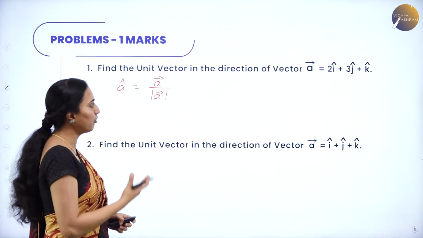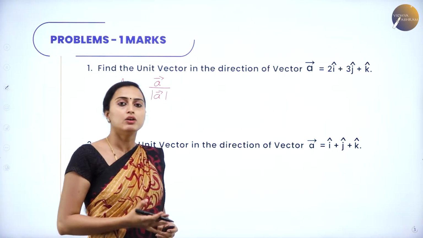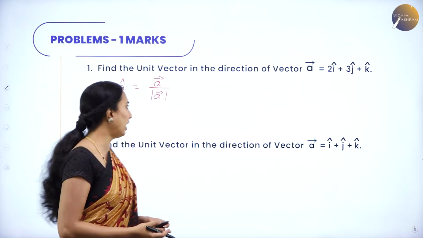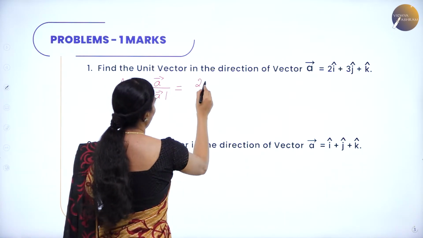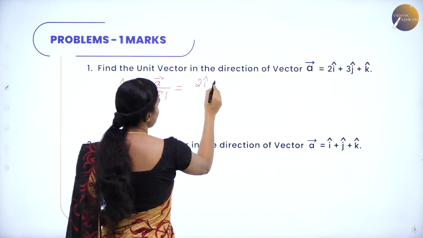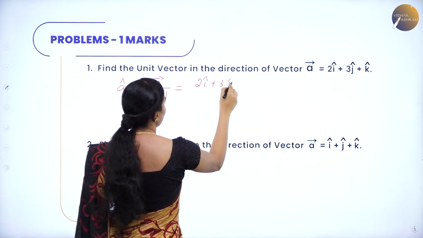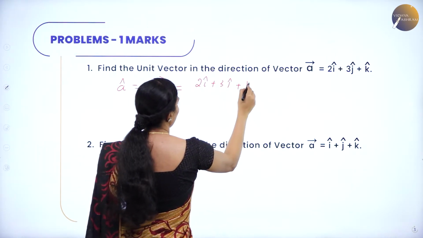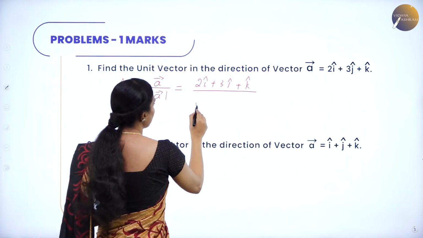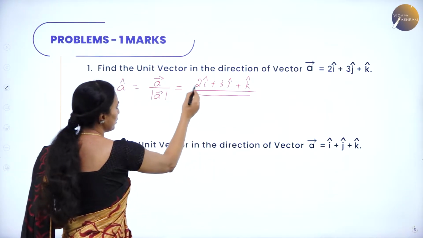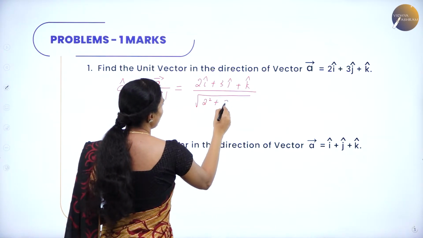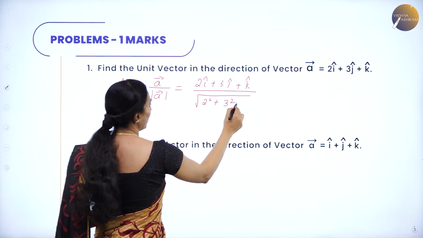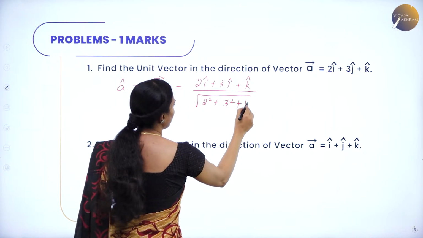Since you are having it in the form of xi plus yj plus zk, you can have a vector as it is, you are going to write it as 2i plus 3j plus k cap, divided by magnitude, which is nothing but under the square root of coefficient of i, which is 2 squared, plus coefficient of j, which is 3 squared, plus coefficient of k, which is 1 squared.